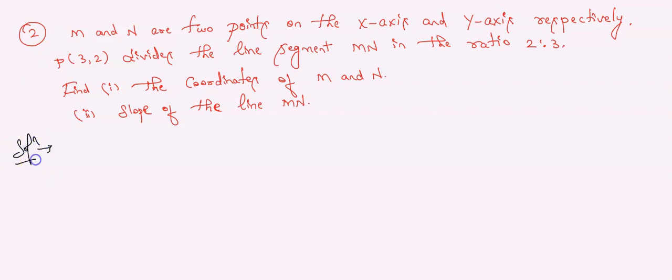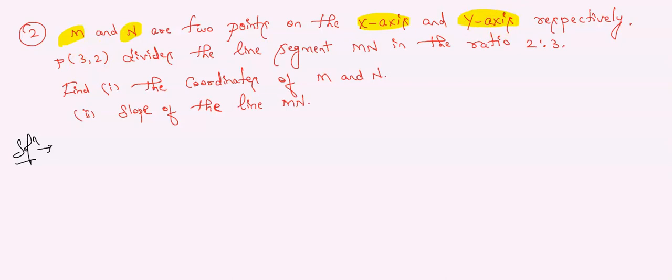Solution. Now here first you need to understand the given problem. See here, M and N are 2 points on x-axis and y-axis. M is a point on x-axis. Consider N is the point on y-axis respectively.